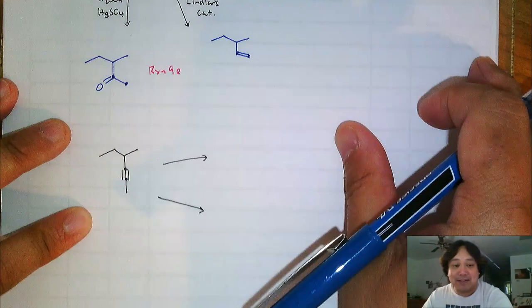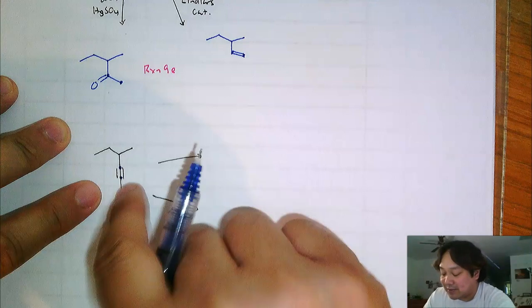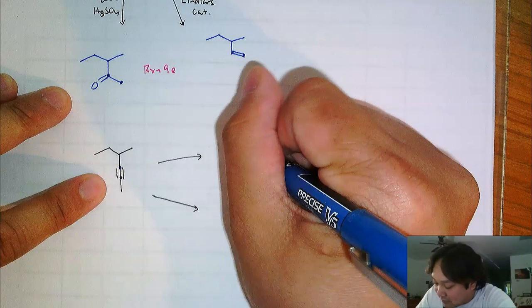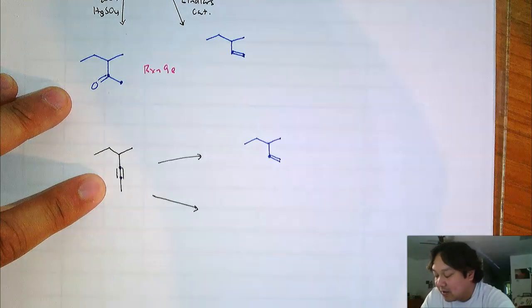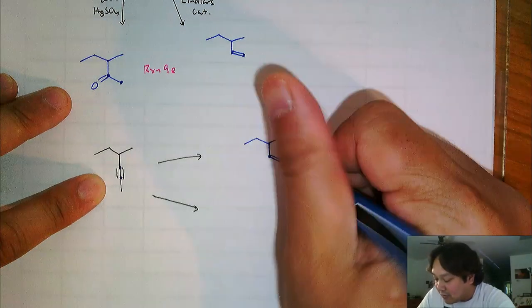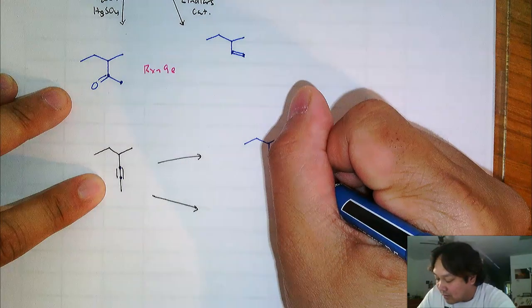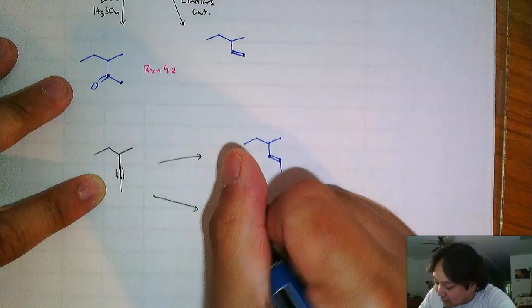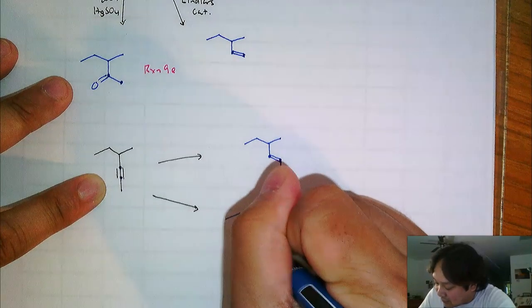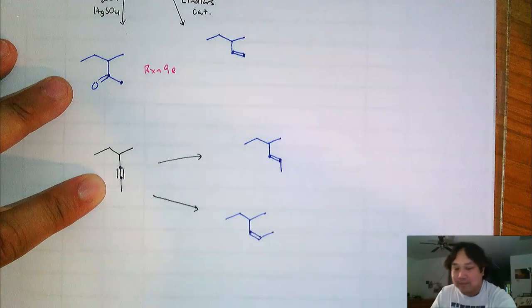See, this takes practice. I want to draw the cis and trans version of this molecule. So the trans version would be looking like that. Zigzag. The cis version would look like this. Okay.